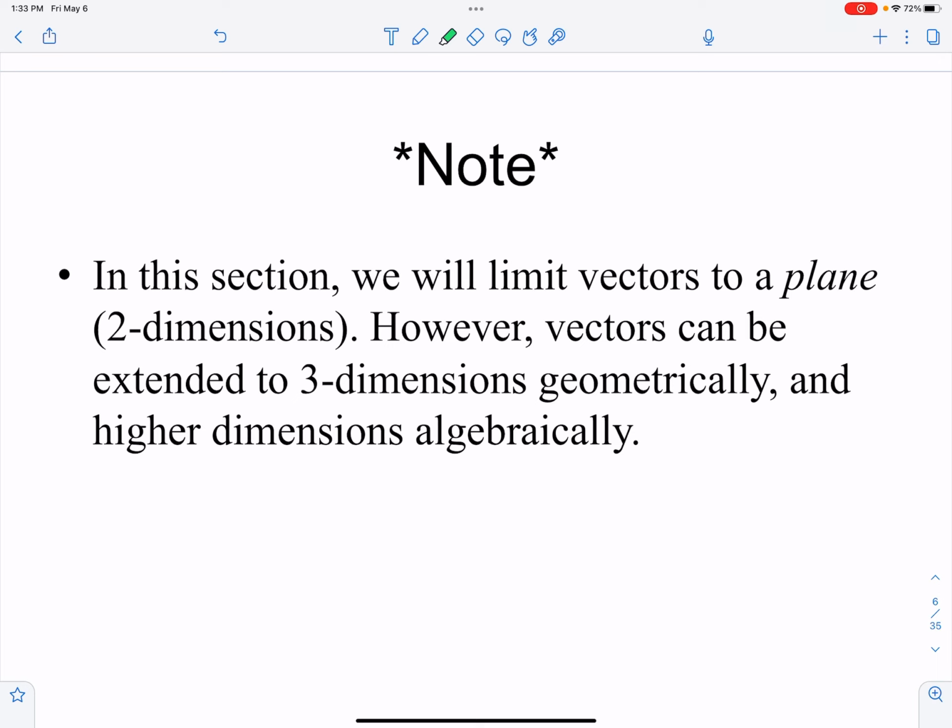However, vectors can be represented in 3 dimensions geometrically and algebraically, and you can also represent vectors in higher dimensions algebraically. You can't visually represent something in 4 dimensions, but we can think about representing those vectors algebraically.